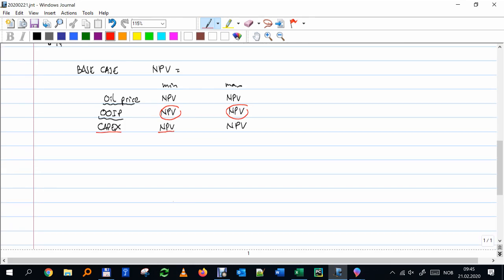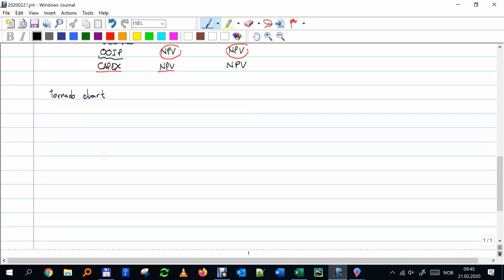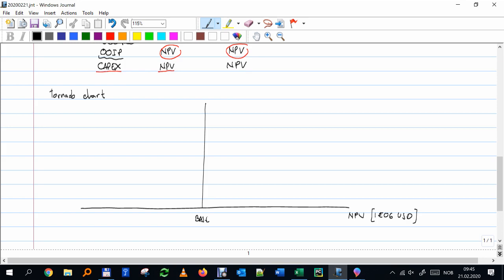These results are presented, I think you have seen that before, in what is called a tornado chart. On the x-axis I put the NPV, let's say in $ million, and here I put the value of the base, just to have a reference.